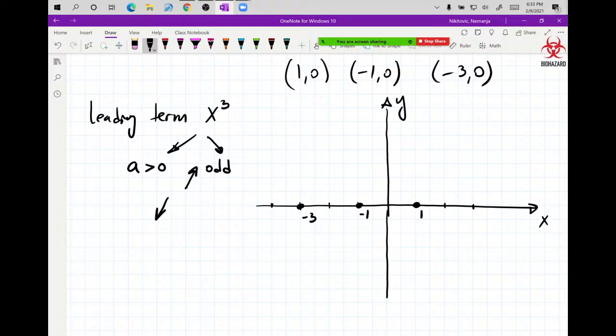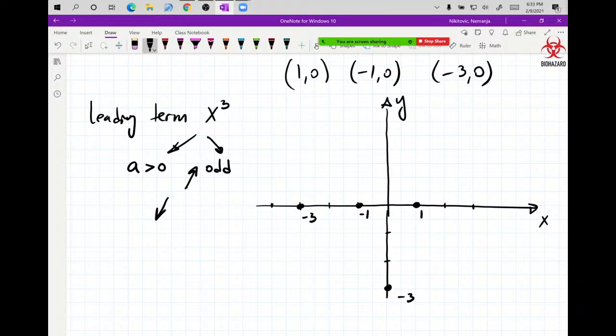So these are my 3 x-intercepts. And you see that they are intercepts because the graph will pass through those, hopefully, or bounce off of them, and make the intercept with the x-axis. And then we have the y-intercept, which was negative 3. So that's going to be right here, negative 3.